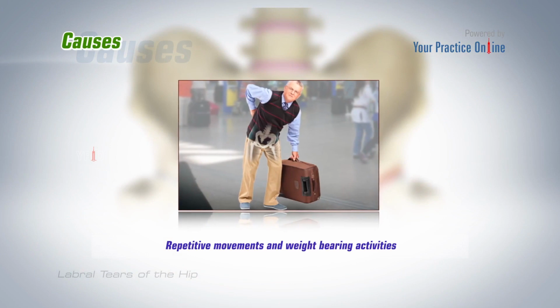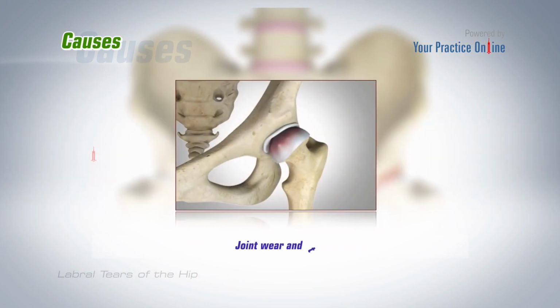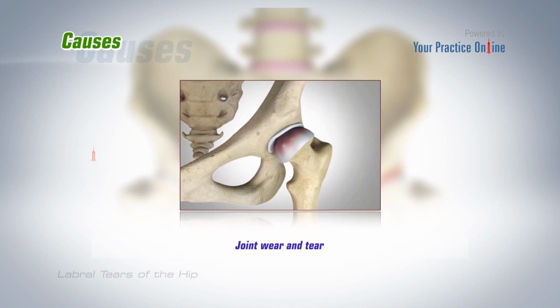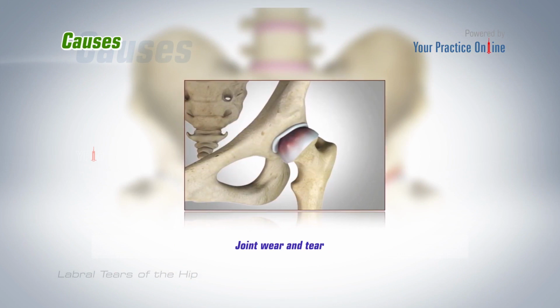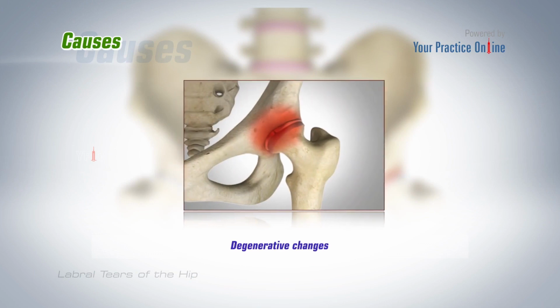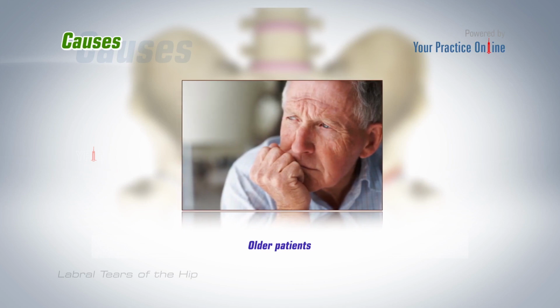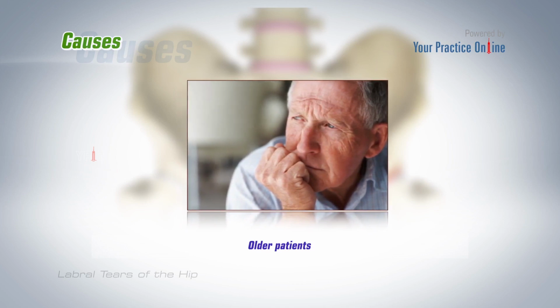Repetitive movements and weight-bearing activities over time can lead to joint wear and tear that can ultimately result in a hip labral tear. Degenerative changes to the hip joint in older patients can also lead to a labral tear.